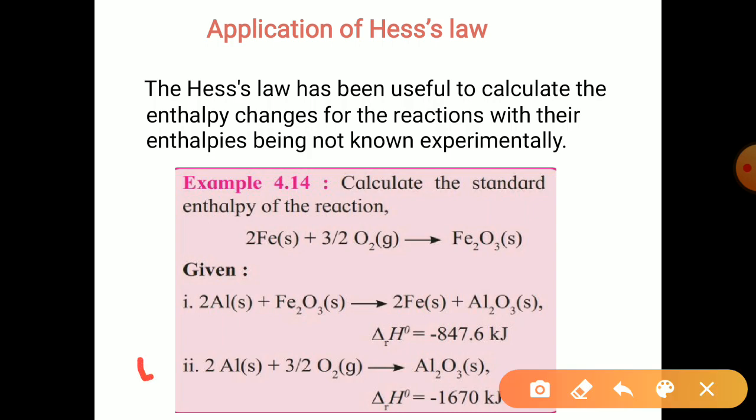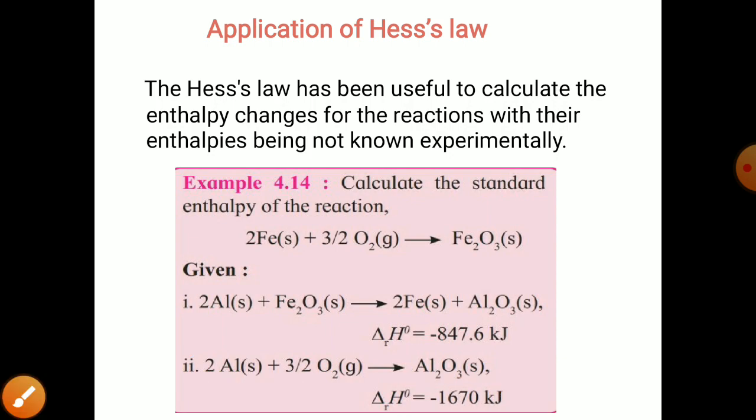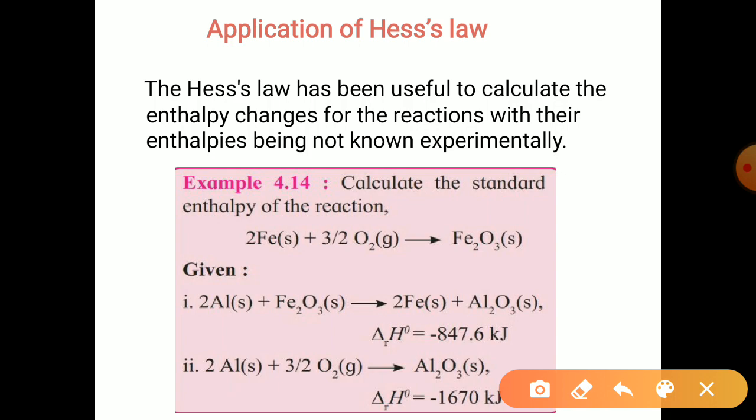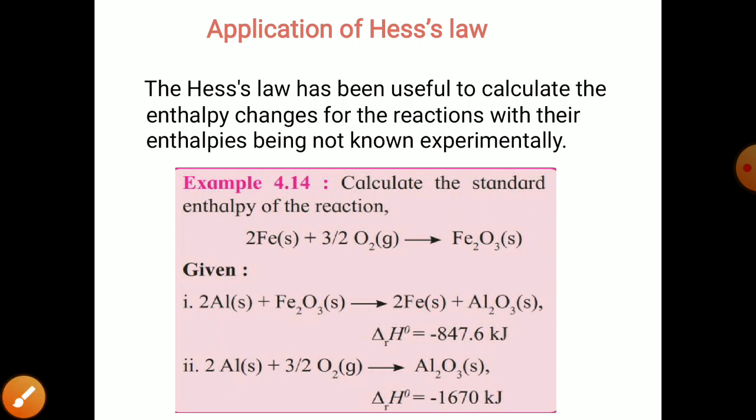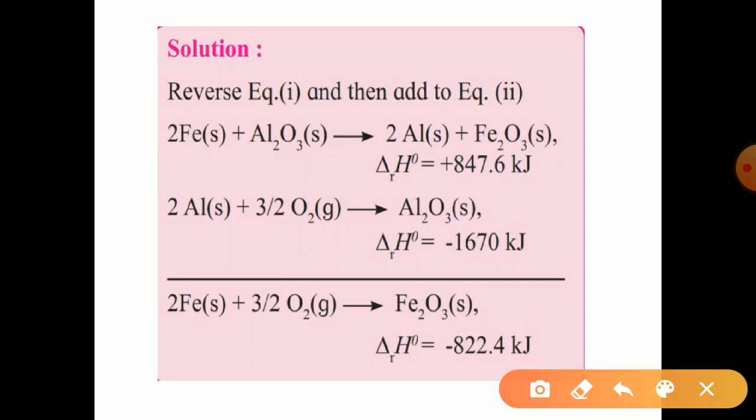Similarly, second reaction is given: 2Al reacts with 3 by 2 O2 in the gaseous state, gives aluminum oxide in the solid state, and the standard enthalpy of this reaction is given as minus 1670 kilojoule. It is provided. Now from this we have to calculate the enthalpy of that reaction.